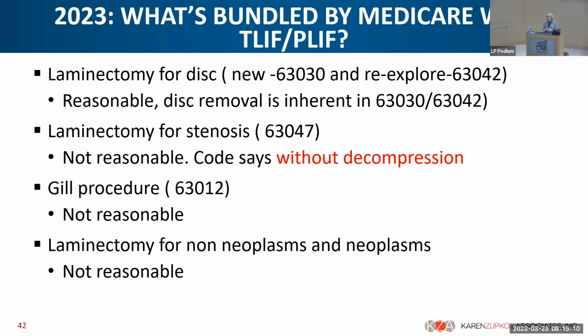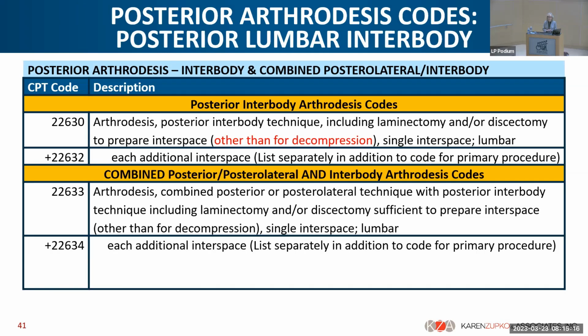Okay, so what Medicare did a few years ago, it was very nice because these codes, as I put in red, were 22630 without other than decompression. Both codes say doing an interbody discectomy or interbody fusion without decompression. So the intent of that code was to allow you to bill separately for any additional bony work that you did.